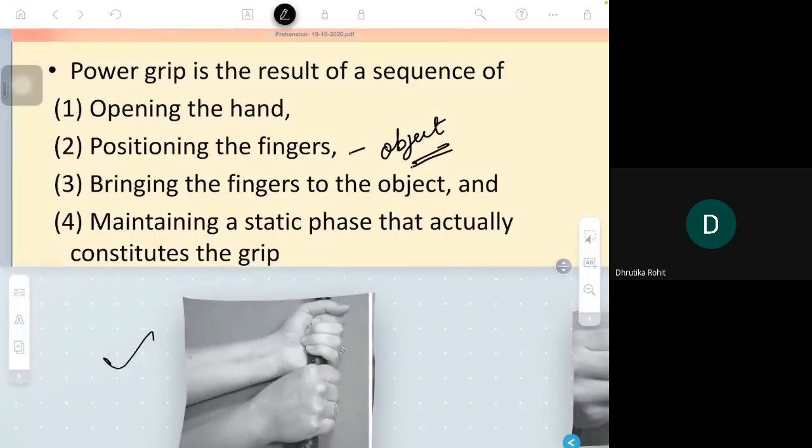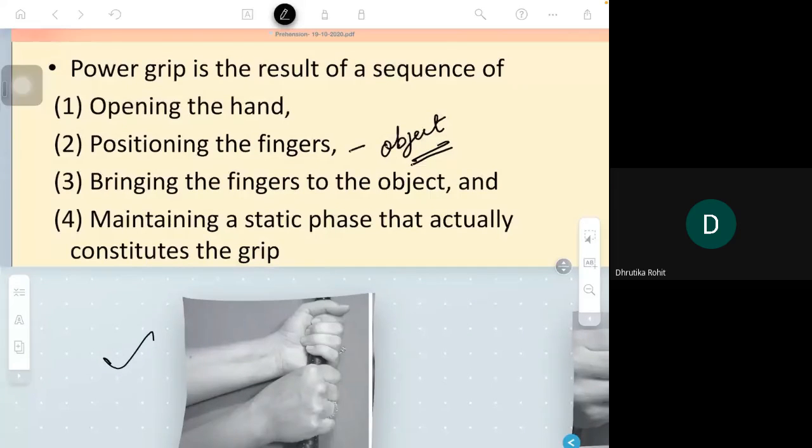Then what is the third sequence? Bringing the fingers towards the object. And the last phase is maintaining the static phase, that actually constitutes the grip.